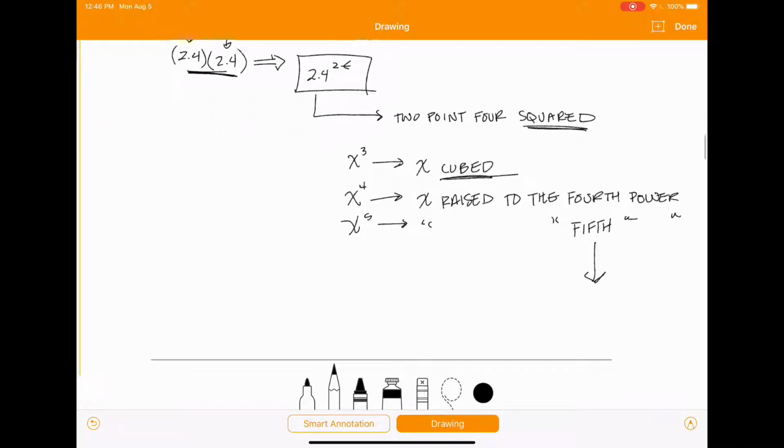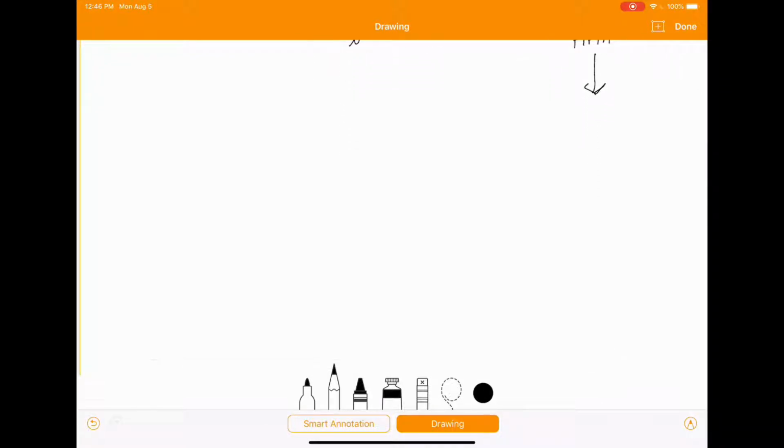All right, so let's go ahead and evaluate some of these exponential expressions. So if we wanted to know 10 squared, that's going to be 10 times by itself 2 times.